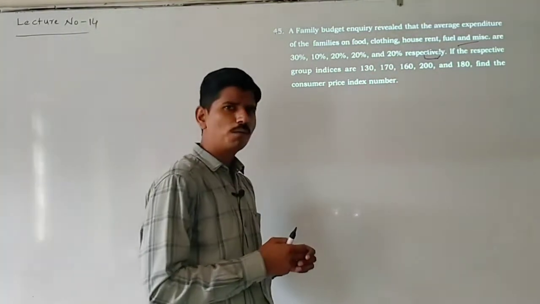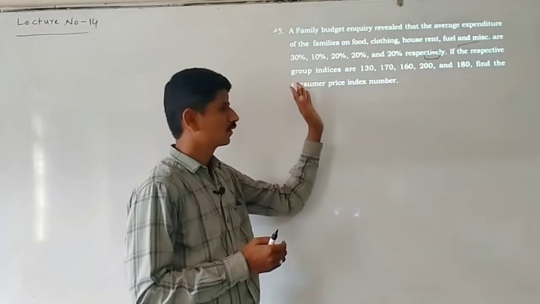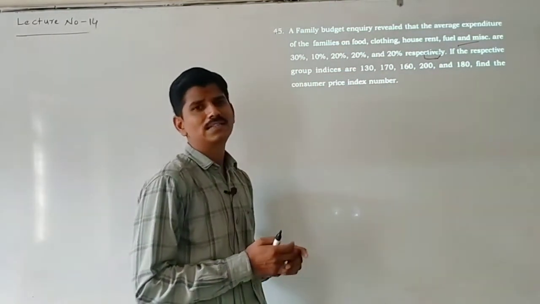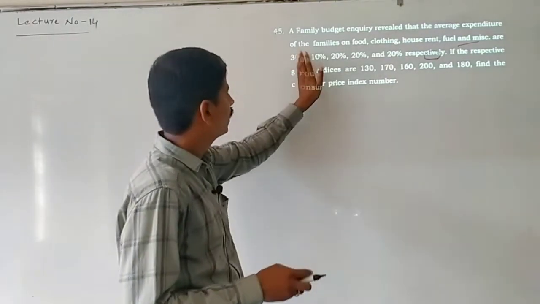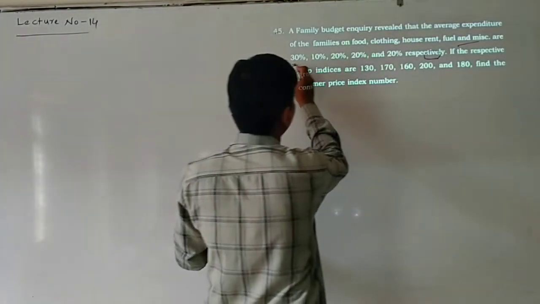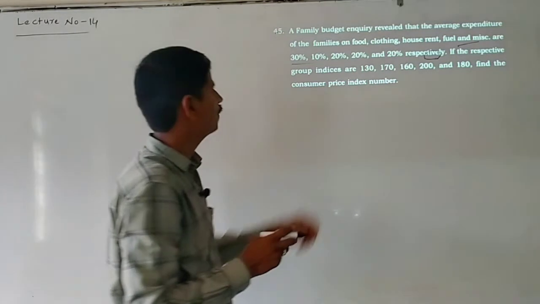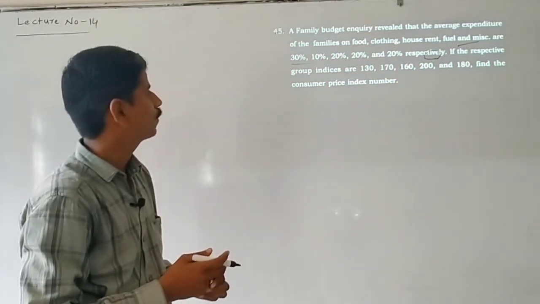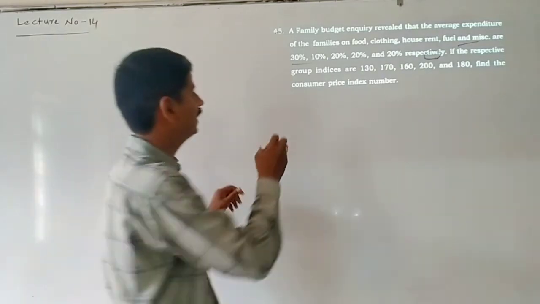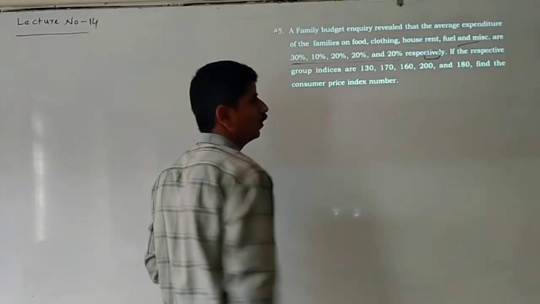Here the problem is based on the family budget method, CPI by family budget method, because here weights are given, that is group weights. The average expenditure of the families is in percentages, which means these are the weights.